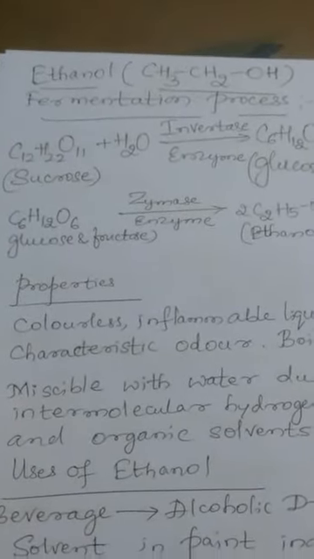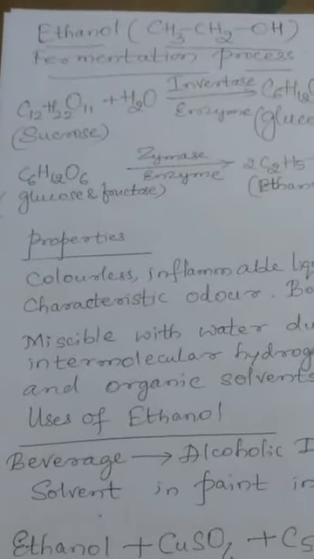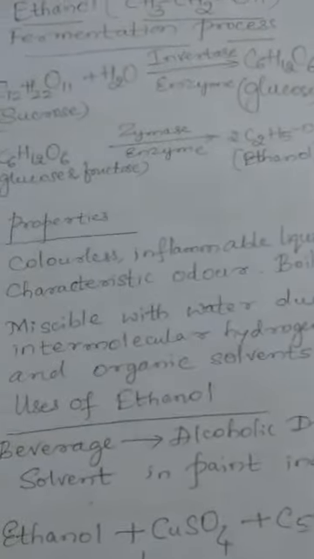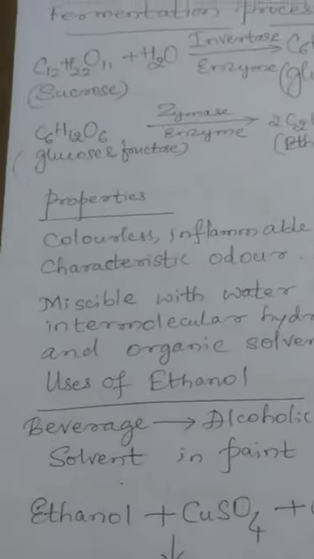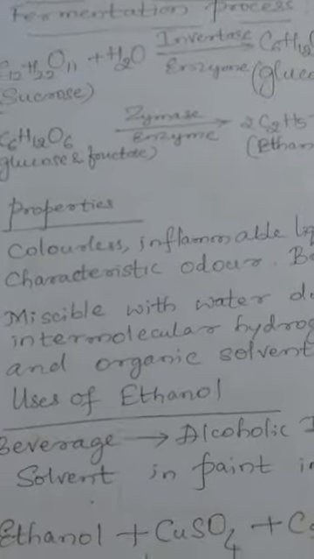So I hope you know what is molasses. Molasses is the mother liquor left after crystallization of sugar from sugarcane juice, which is a dark syrupy liquid which has 50 to 55% of uncrystallizable sugars, that is sucrose, glucose and fructose.